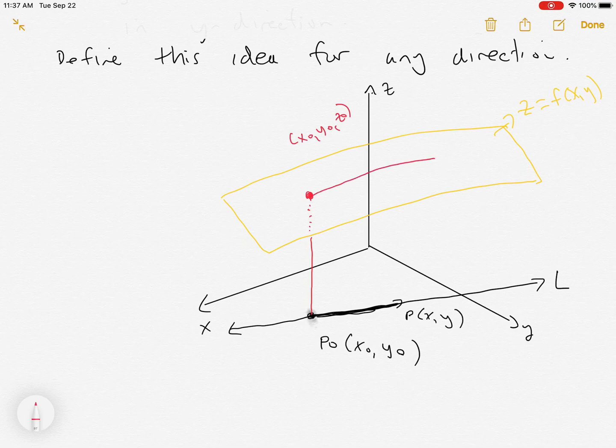So as the points x naught, x, y go along this line from here to here, it carves out a curve C in the surface z of x, y.